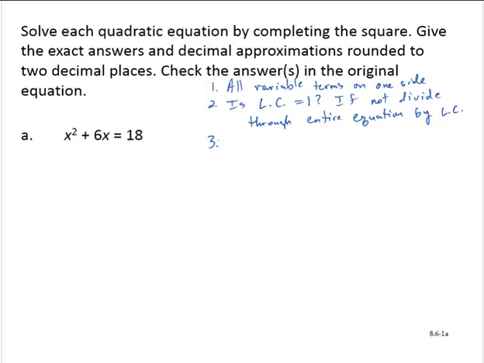Alright, so now what we do is we take half of the b coefficient, so we find half of the b coefficient and square it. Add that value to both sides.